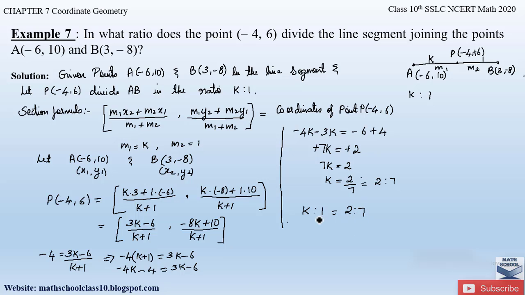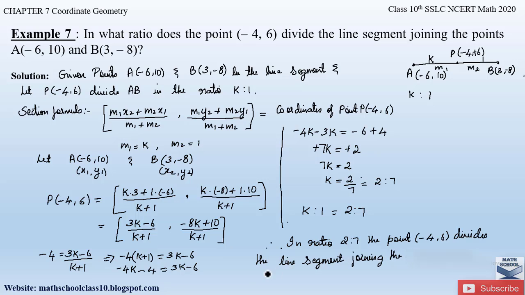So this is the ratio in which the point P divides the line segment AB, that is 2:7. Therefore you can write down, in ratio 2:7 the point minus 4, 6 divides the line segment joining the points A minus 6, 10 and B 3, -8.